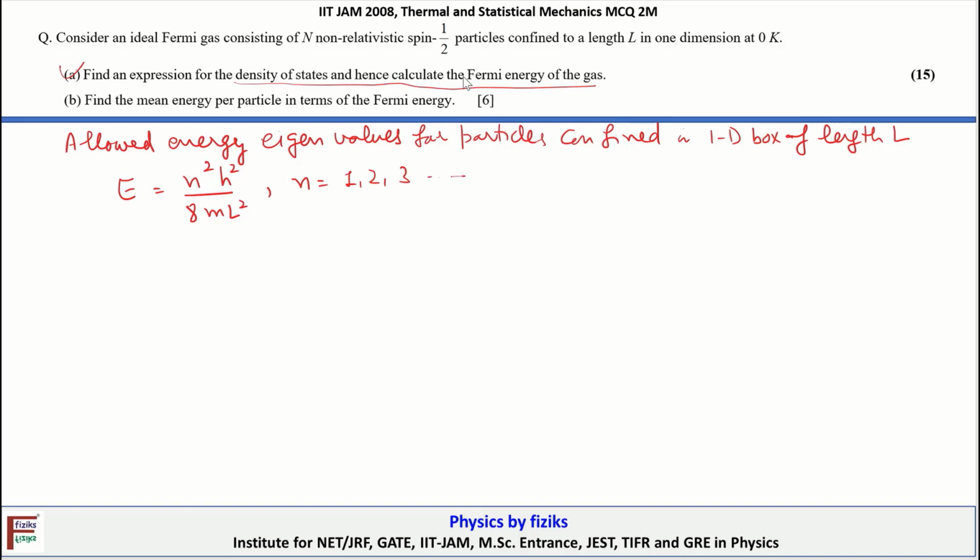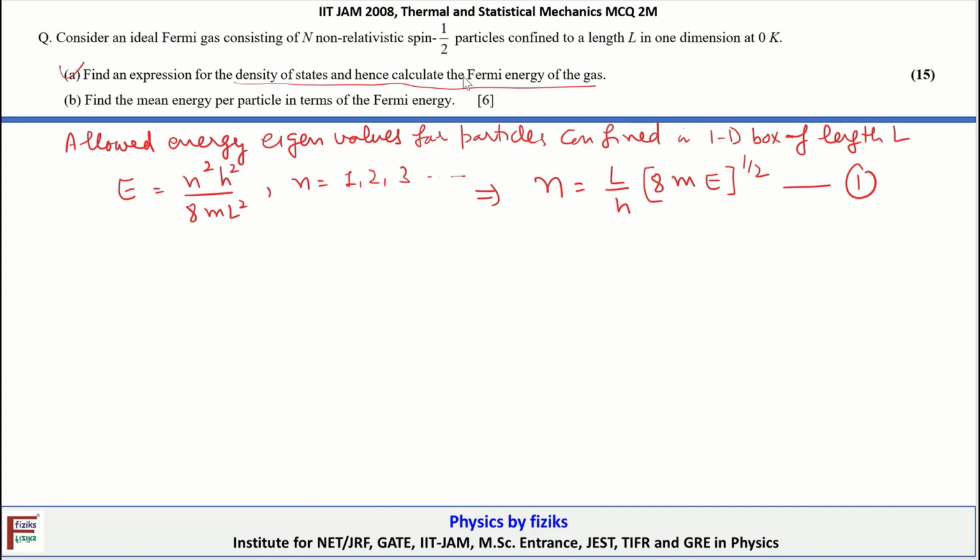So this implies n is given by n equal to L by h multiplied by (8 m E) power 1 by 2. Let's call this equation 1.